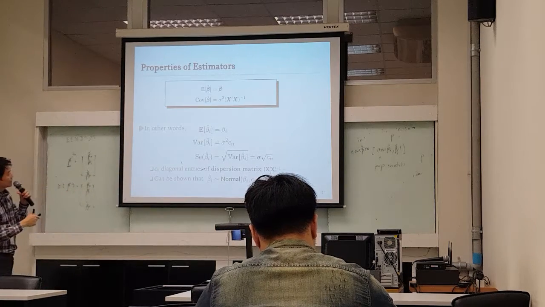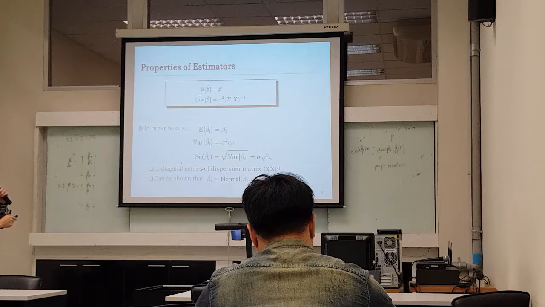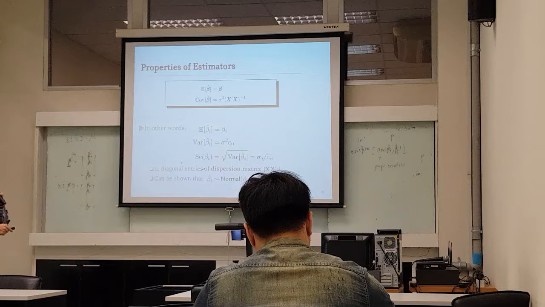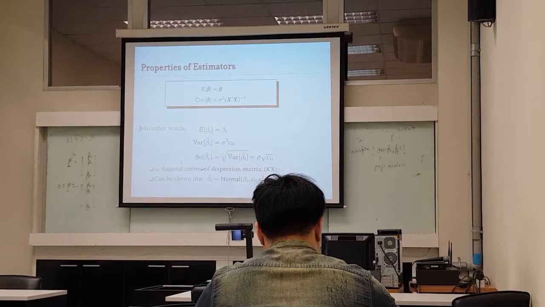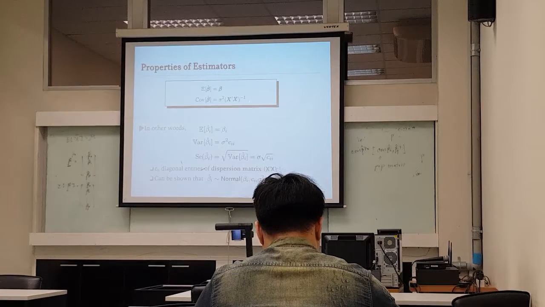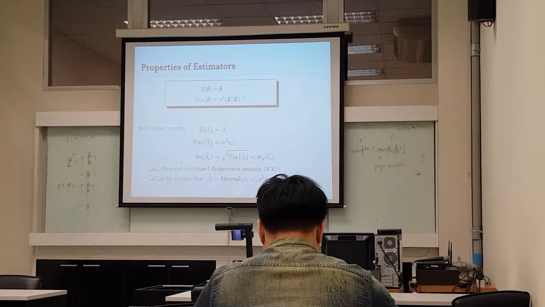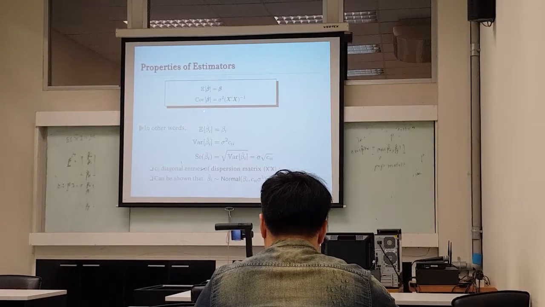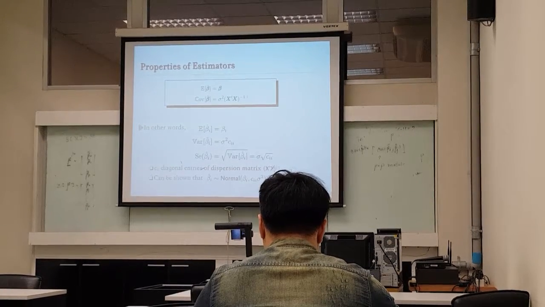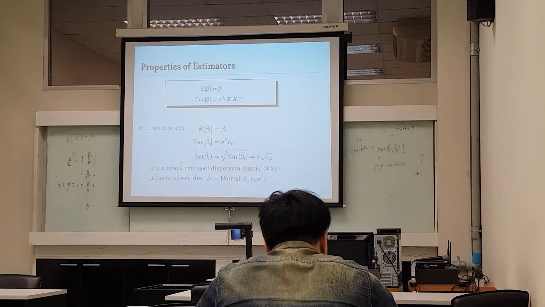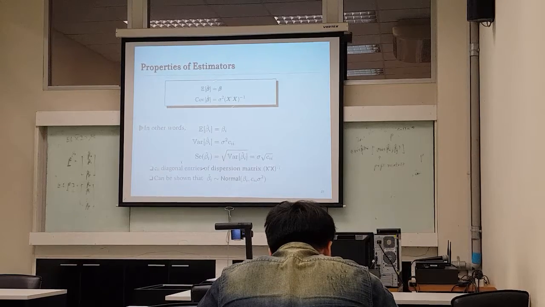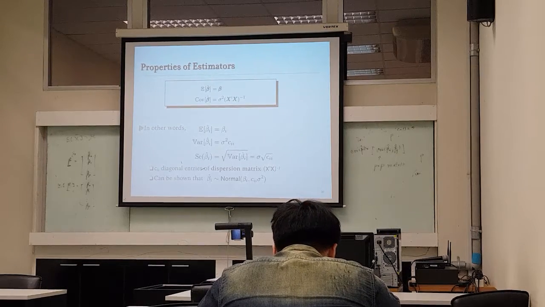Because beta hat is a random vector, its covariance is a square matrix where element ij is the covariance of beta i and beta j. It is given by this equation: sigma squared, an unknown constant, the residual variance of the model, multiplied by X transpose X inverse. This is the property of the estimator.